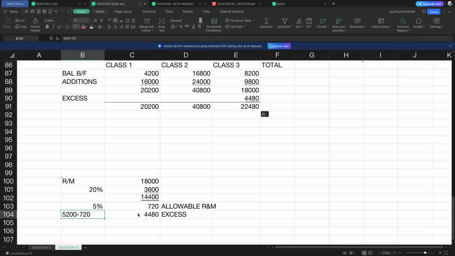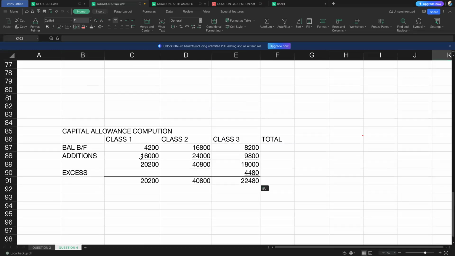So let's continue. This one we added to the class 3 because it's repairs and maintenance. So class 3, we got this, and then we all know the rates for them. So class 1 is what? 40%. Class 2, 80%, class 3, 20%.